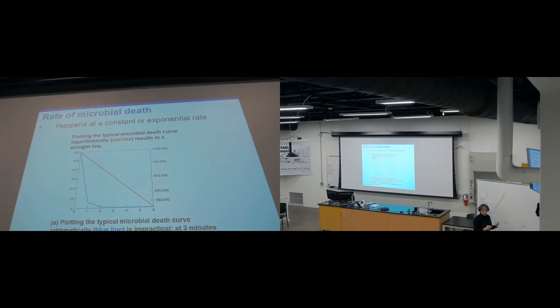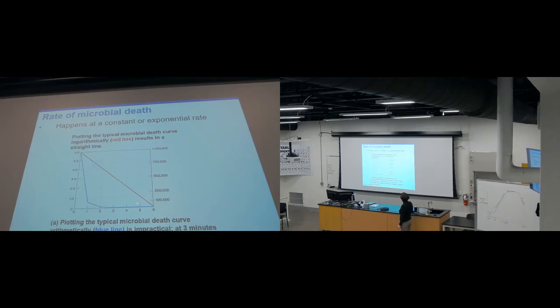Then you reach a plateau in which the number of cells that grow is the same as the number of the ones that die. This is the stationary phase, and then this will be the death phase. At the same rate at which you have the growth rate, you have the death rate.